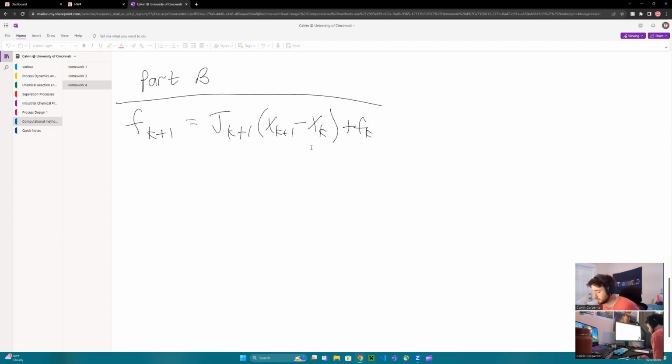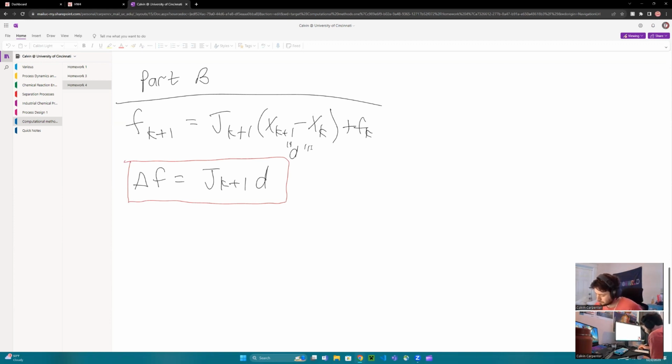So now if we rearrange this a bit and substitute our d back into this delta x, which we defined in the previous part, we will have delta f is going to be equal to J of k plus 1 d. This is going to be important.